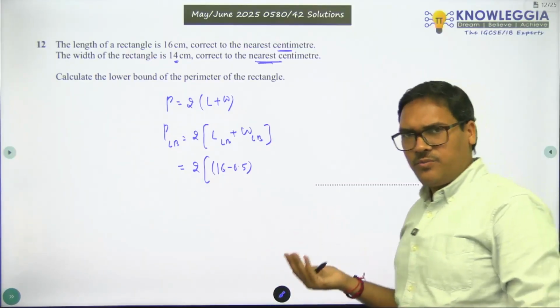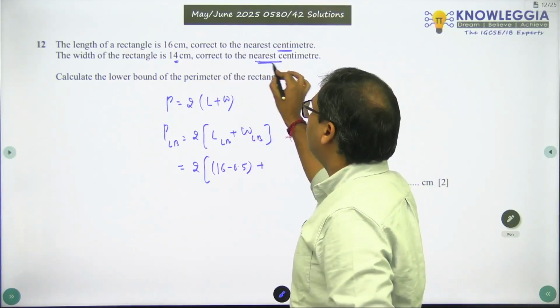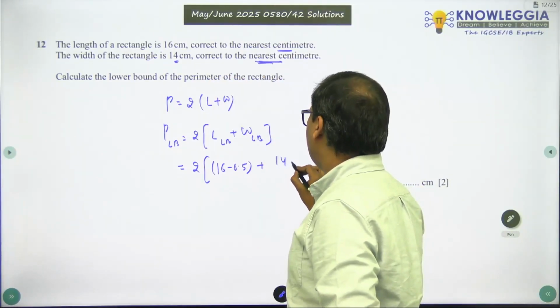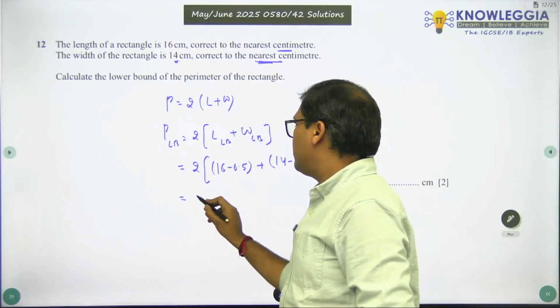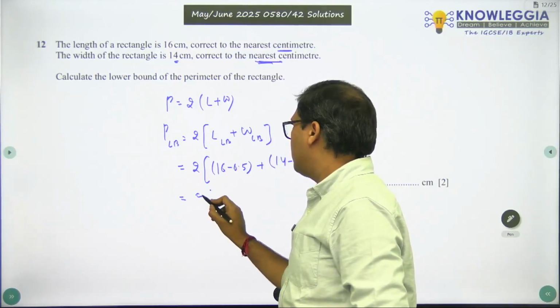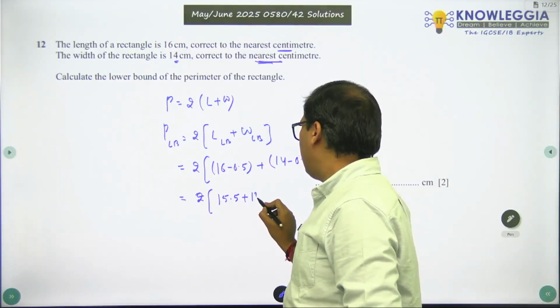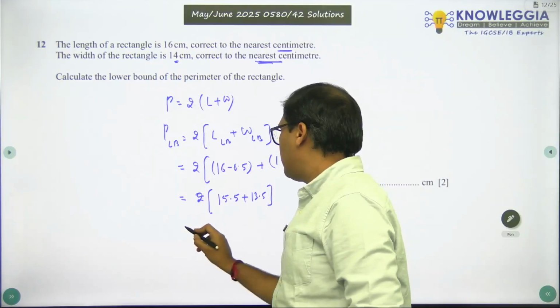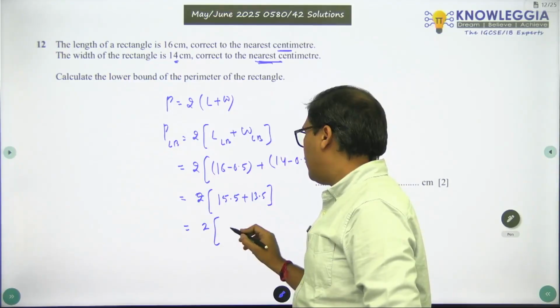Half of 1, subtract. What is the lower bound of width? This is again correct to the nearest centimeter, so this is 14 minus 0.5. So this is 2 times 15.5 plus 13.5, which is equal to 2 times 29.